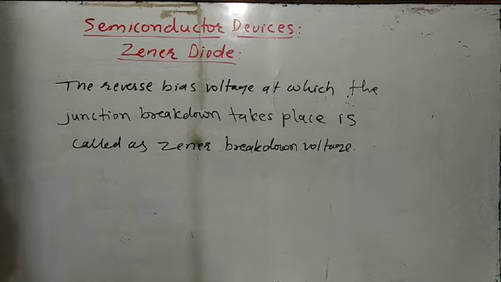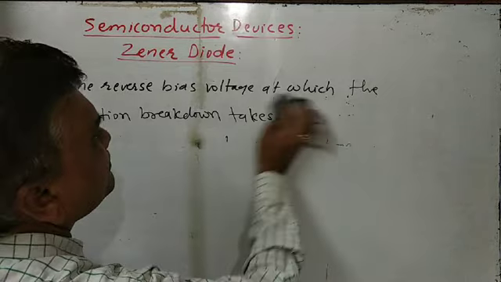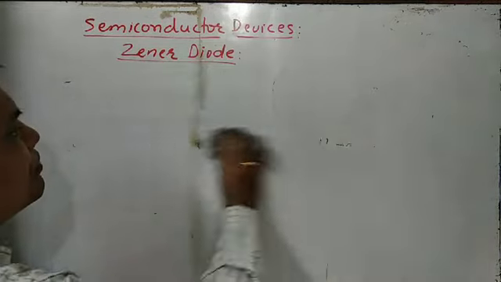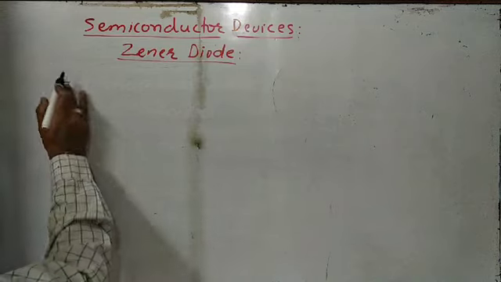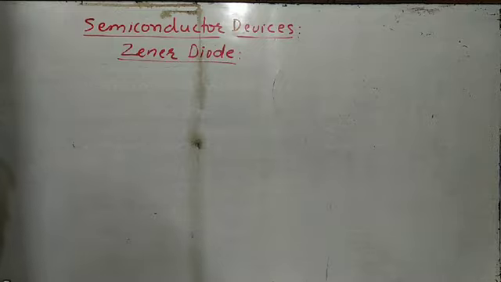Now we see the next. There are two types of breakdown. Number one, the first is Zener breakdown.